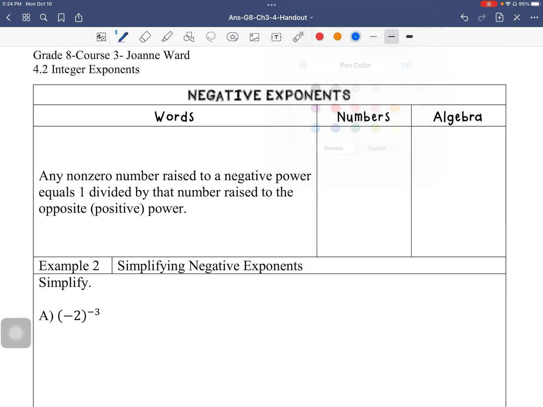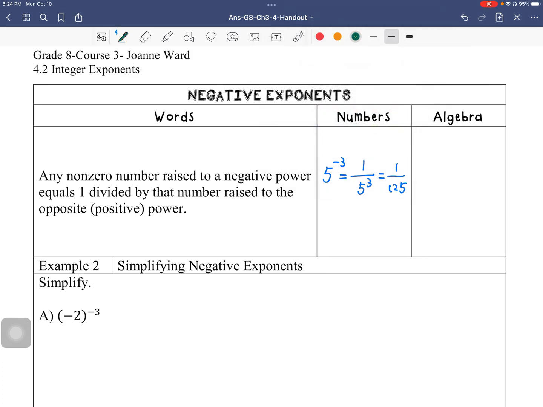So negative exponents, in words: any non-zero number raised to a negative power equals 1 divided by the number raised to the opposite positive power. So 5 to the power of negative 3 equals 1 over 5 cubed, which equals 1 over 125.